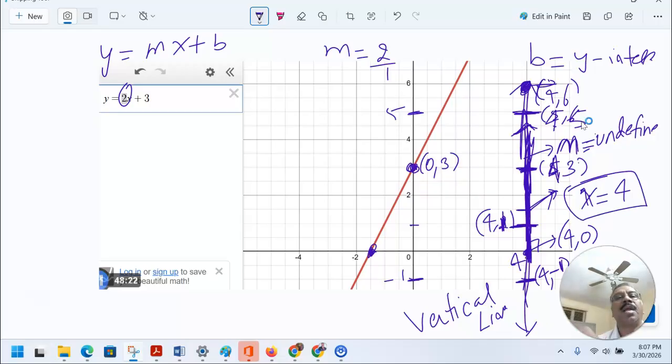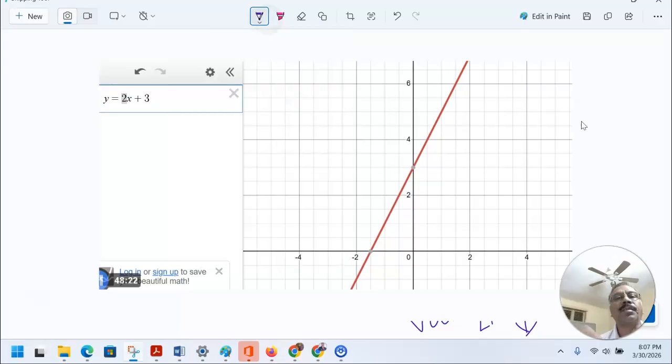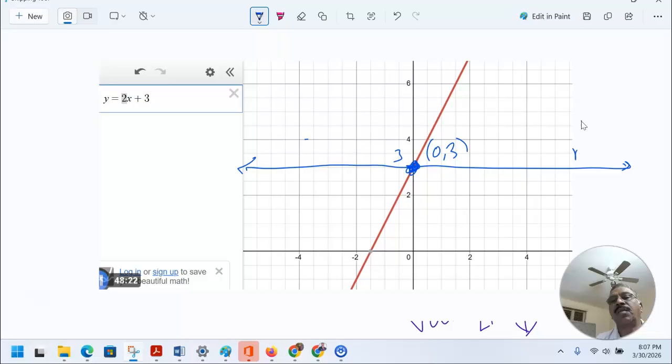But if you have a line that is horizontal, let's see, this is 3, right? If you have a horizontal line, you can see it only has the y-intercept, which is 0, 3, and there is no x-intercept. See, there's no x-intercept here, only y-intercept.